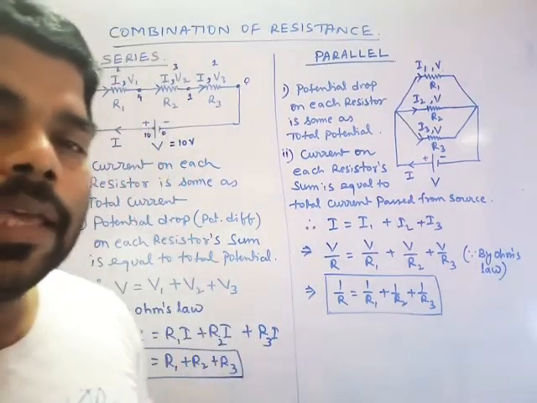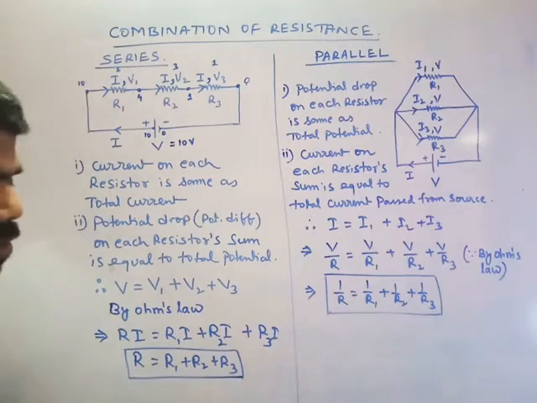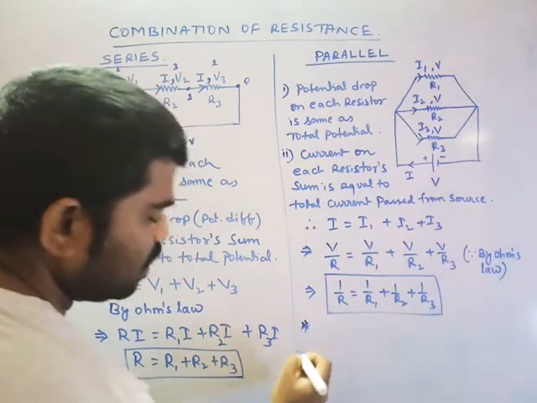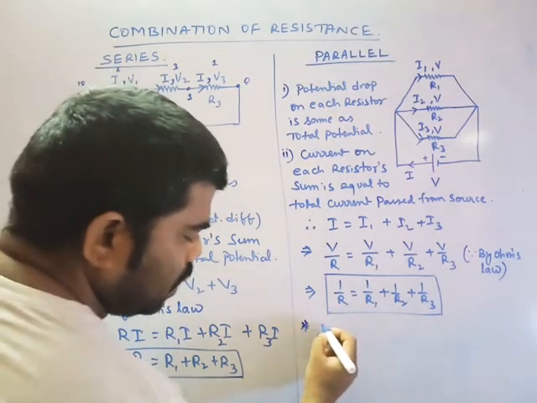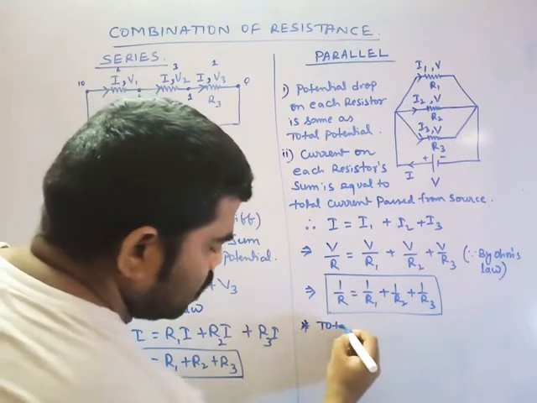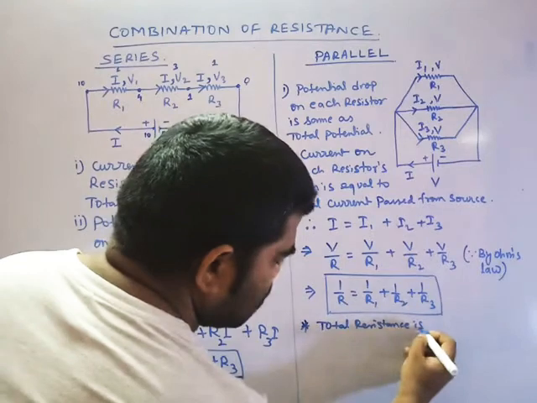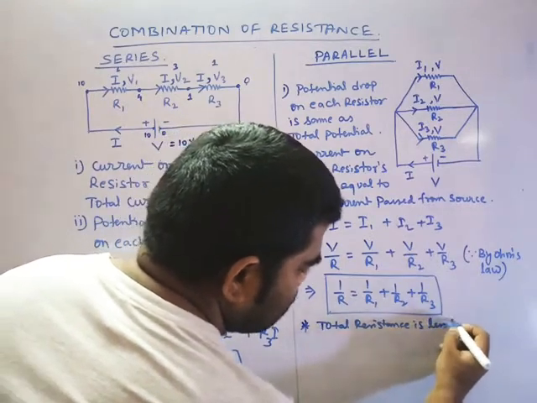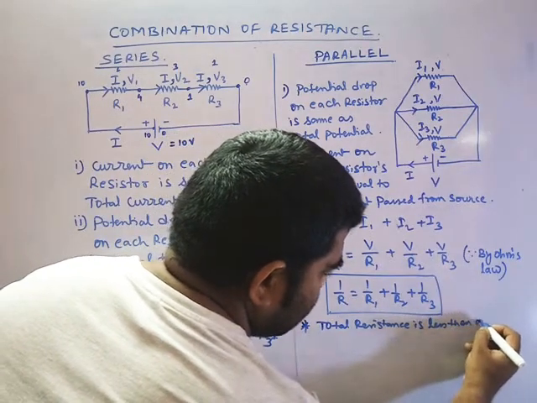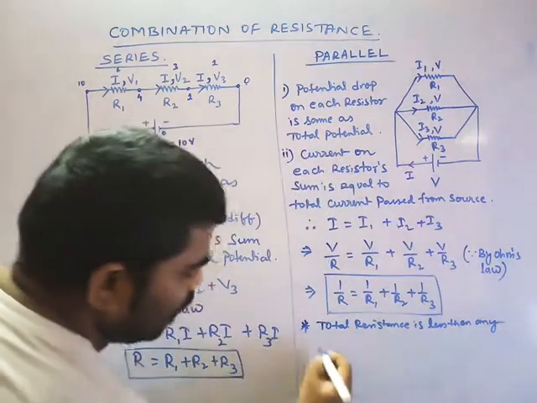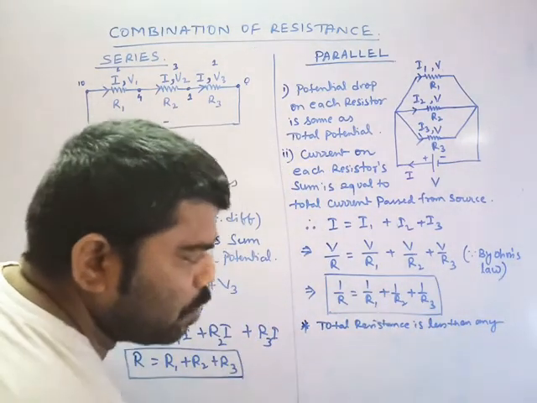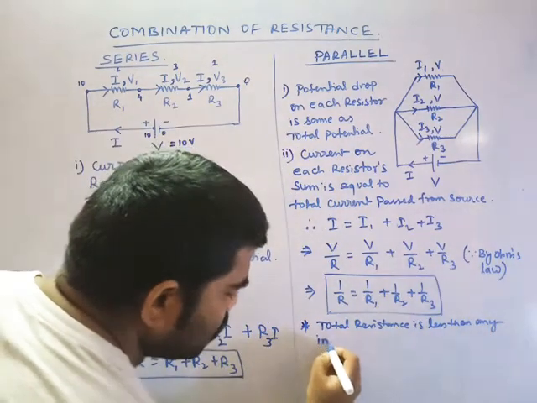चलो आगे क्या करेंगे. एक और चीज तुमको मिल गया, conclusions. The conclusion is this. Here total resistance है ना, ये जो तुम्हारा total resistance है, total resistance is what? Less than any individual R1, R2, R3, कोई भी any individual.